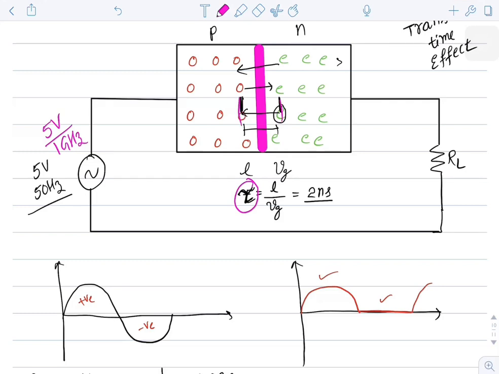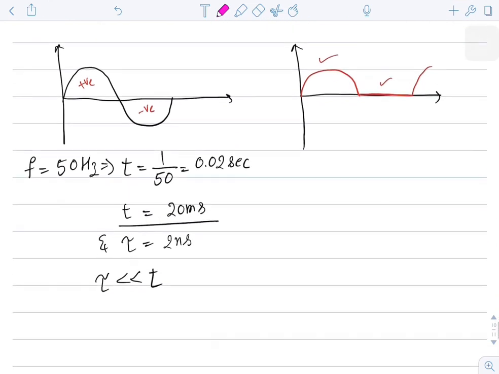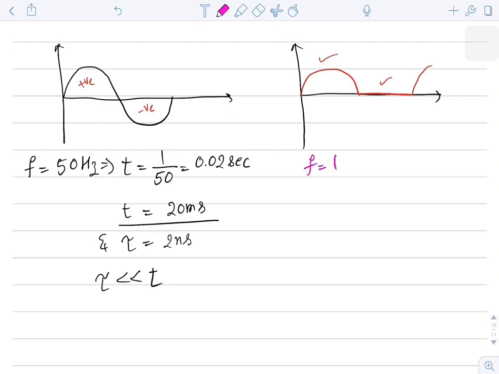The time taken for the electron to move from n-type to p-type region remains as it is, that is 2 nanoseconds, but the time period of the signal is now, with f equal to 1 gigahertz, T equal to 1 by 1 into 10 power 9, which is equal to 1 nanosecond. Now, the time period is 1 nanosecond, whereas the time for the electron to jump from n-type to p-type, tau, equals 2 nanoseconds.